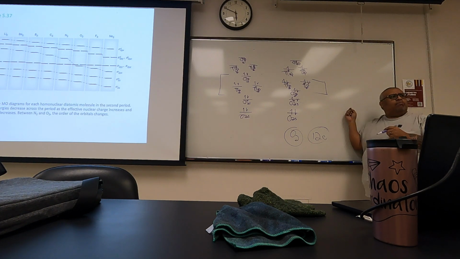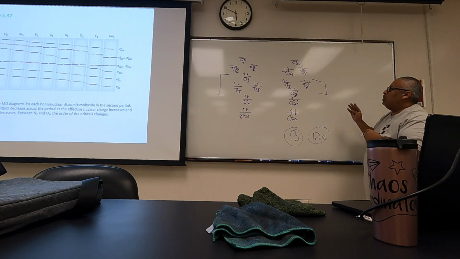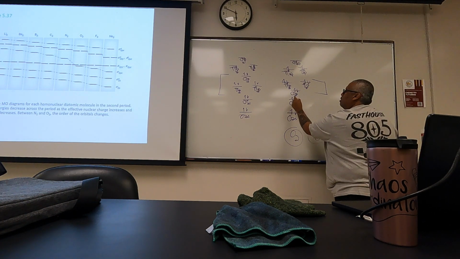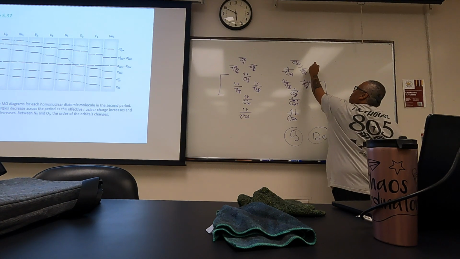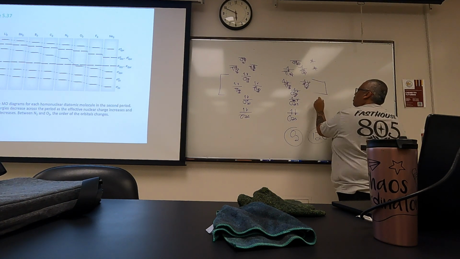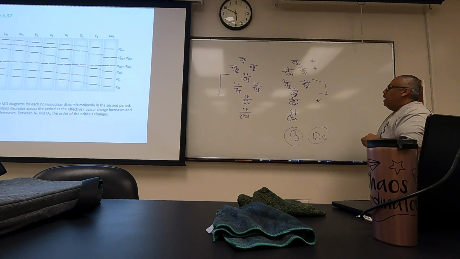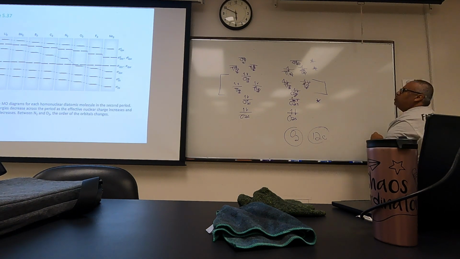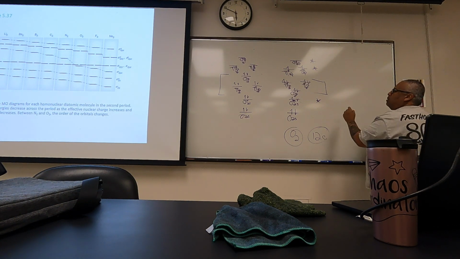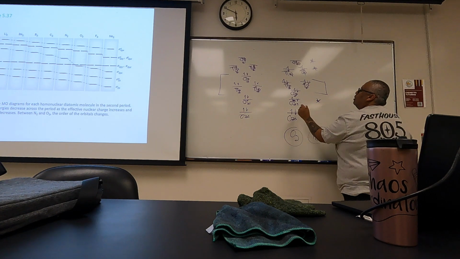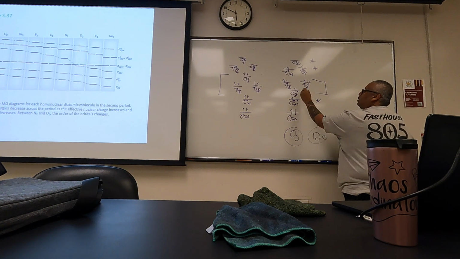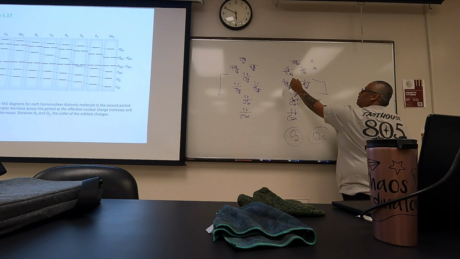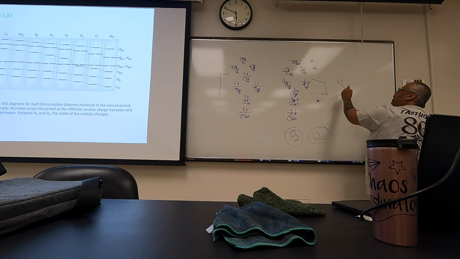And now let's calculate bond order. So remember which ones are your anti-bonding. How many bonding electrons do we have? 8. 2, 4, 6, 8 bonding electrons.